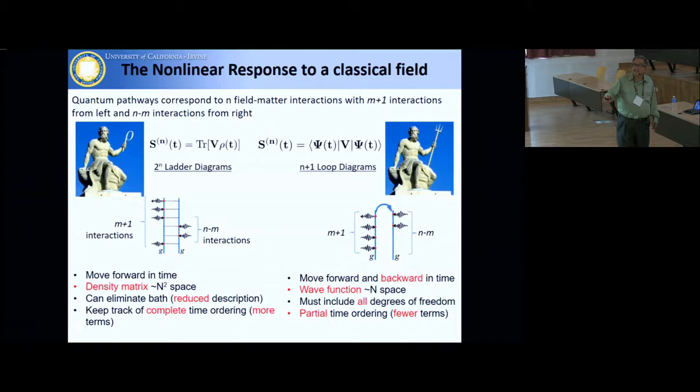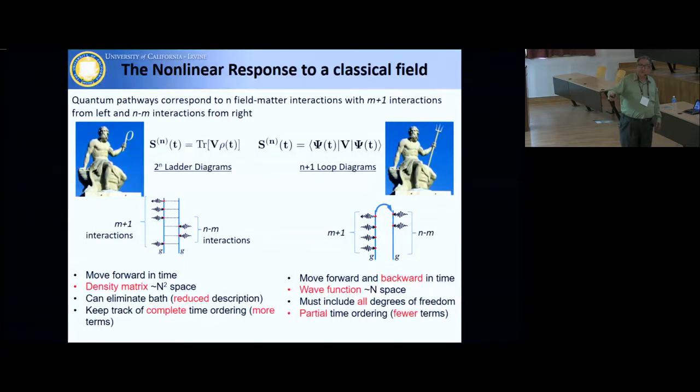You have artificial times. If you do it like that, you have more terms, because here I keep track of the relative time ordering of the bra and the ket, and I have 2 to the n terms if I have n interactions, and here I have only n plus 1. So if you have a many-body system where you want to work with the wave function with all the degrees of freedom, you use this.